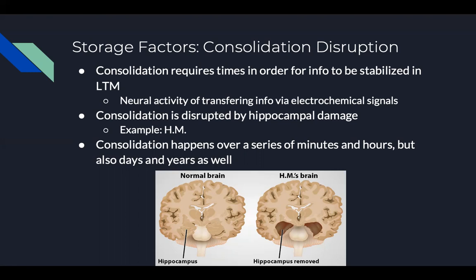And so the main problem that researchers found HM to experience was this inability to remember and learn new things. So you might remember the more technical word for this is anterograde amnesia. So this inability to create new memories.